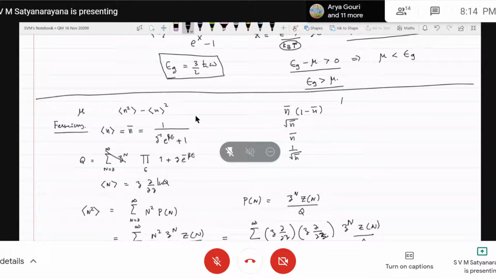So you can see that it would be 1 by Q into z dou by dou z of z into dou Q by dou z.